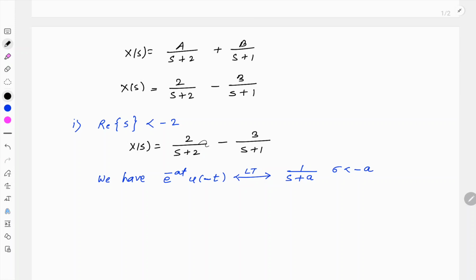So for both the terms, 2 upon s plus 2 and 3 upon s plus 1, we have to use the same result so that we get RoC less than some constant value.